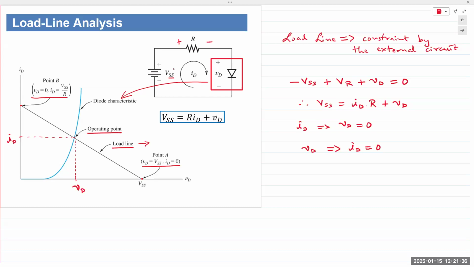So the operating point could move up or down the load line, right? The load line could be here, and the operating point would be different. It could move up, and the operating point is now again different.